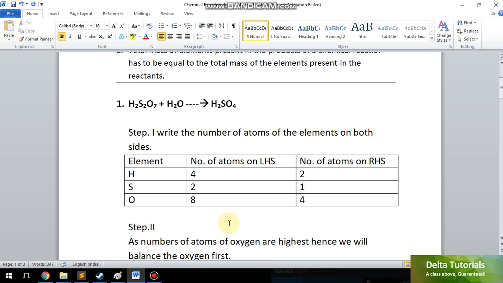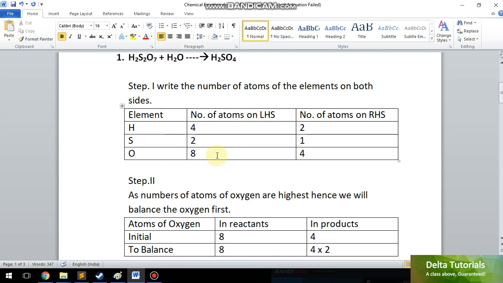Now one question which is commonly asked: from which element should we start balancing? So look at this table. The highest number of atoms is of oxygen, so always begin with the highest number of atoms, let it be of any element. If the highest number of atoms of any element is present, then we should begin with that element only for balancing.